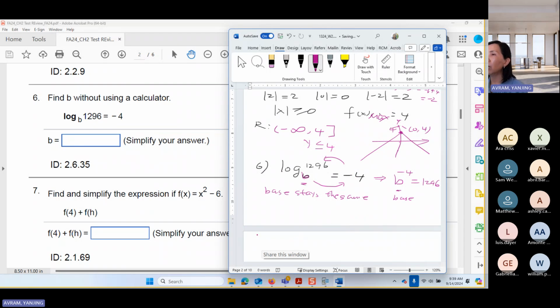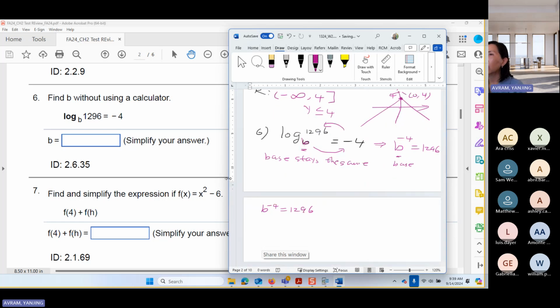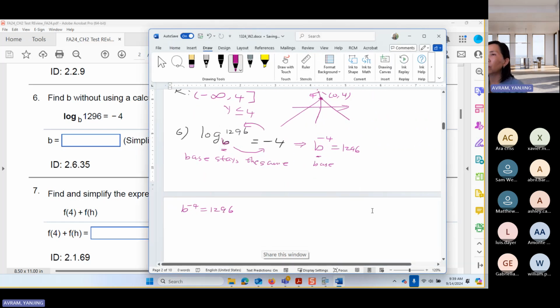So now we have this one become an exponential function. That means I am going to write down b to the -4 is equal to 1 over b to the +4 power, if I want to put it in a +4 power.